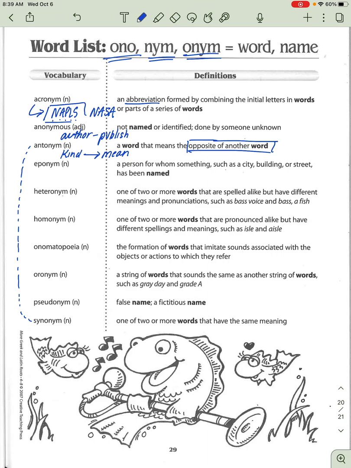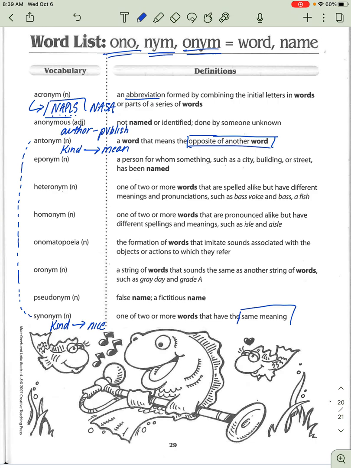But then you've got a synonym down here where if you have kind, a synonym would be nice, because they have the same meaning. And I always remember synonym, S, same. That's how I remember them. Antonym is the opposite.